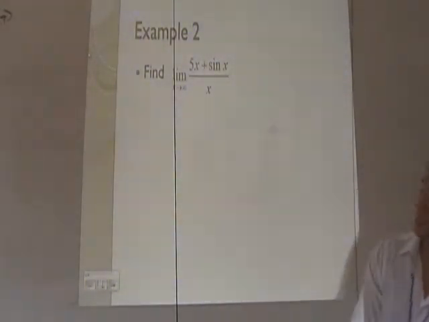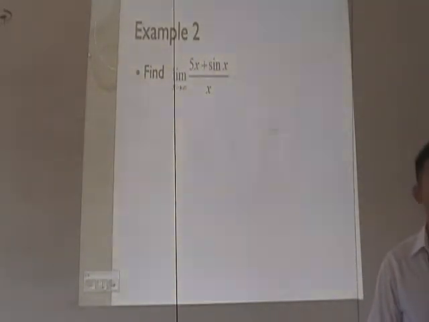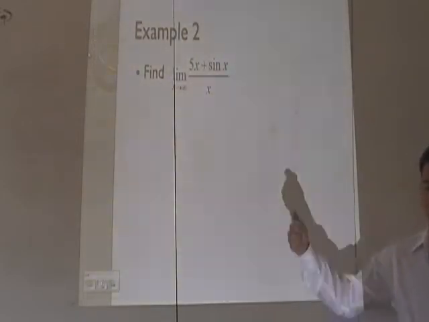We get 5 times infinity plus sine of infinity over infinity. Too many infinities. We don't know which is which. We don't know which one takes over. What do you think we can do? Yeah, we can split it up. Let's just simplify this fraction real quick.